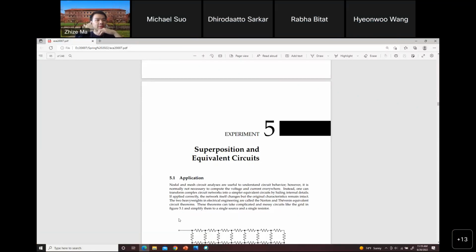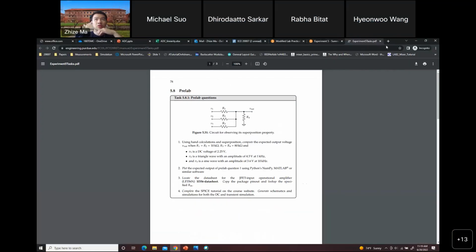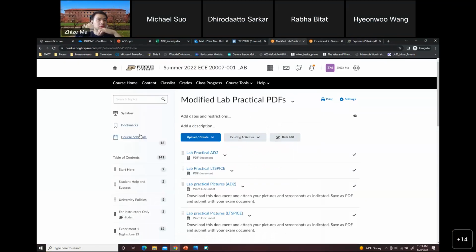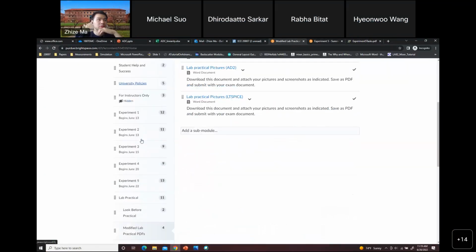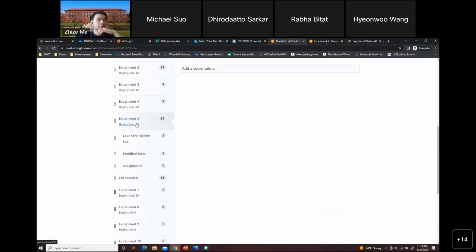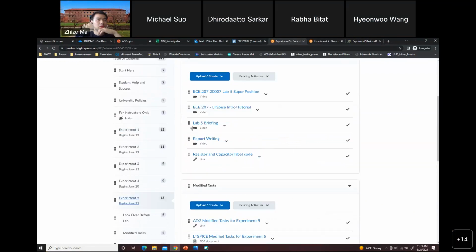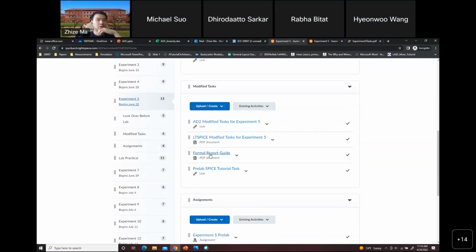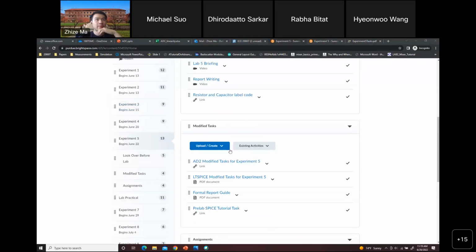Now remember, Lab 5 requires you to write a report. If you check your Brightspace, there is the formal report guide. This tells you how to write a formal report.